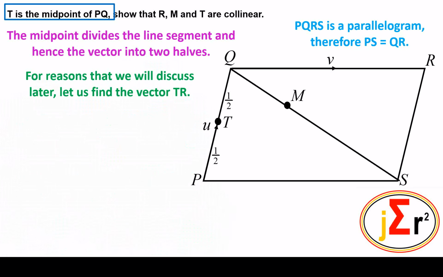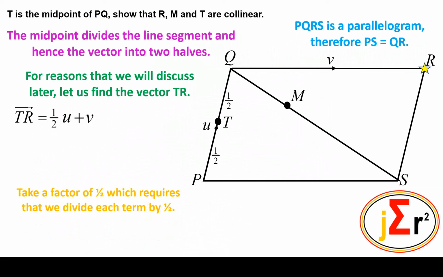For reasons that will be discussed a little bit later, let us find the vector TR, the vector that goes from T to R. A half of that vector, which is U, then we will go the entire route from P to Q, which is that vector V. Therefore, TR is equal to a half U plus V.